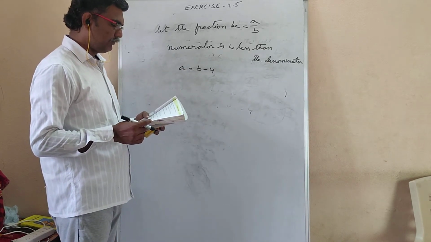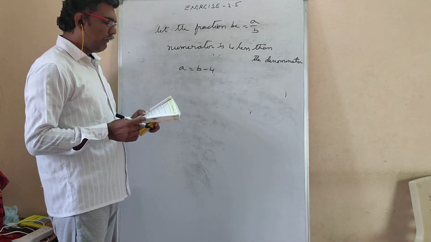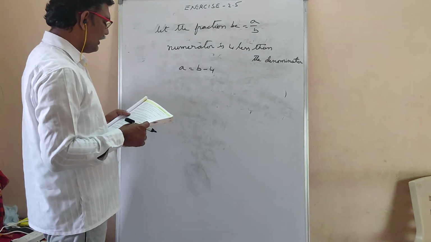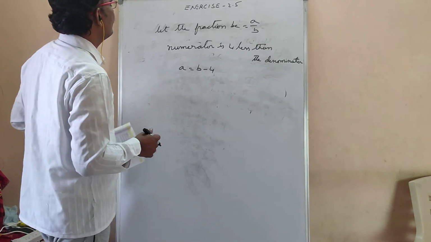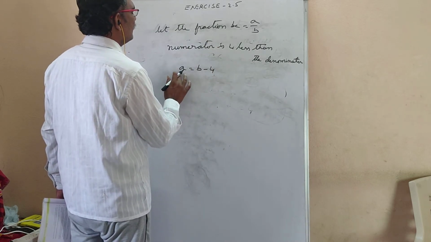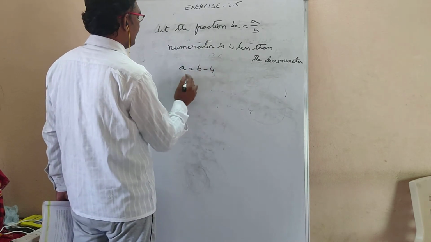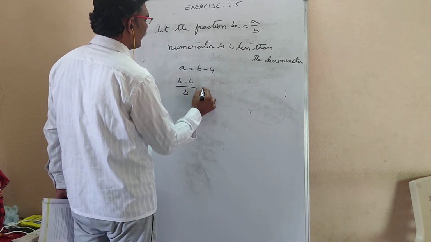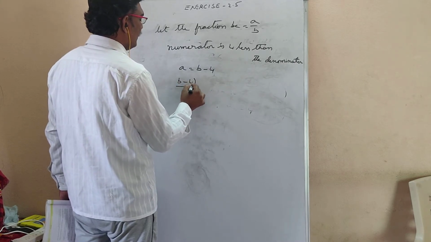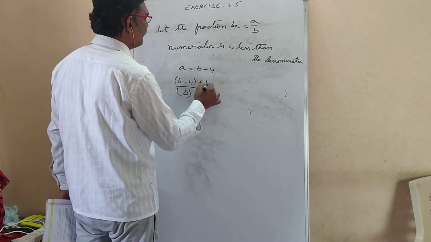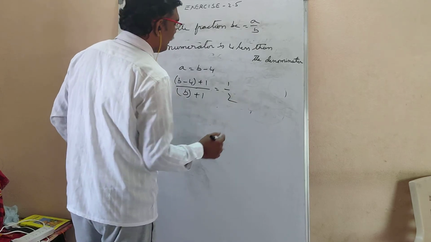Next, what you have to do? If 1 is added to both its numerator and denominator, it becomes 1 by 2. So here the fraction I am writing: in place of a, I am writing b minus 4, divided by b. For the numerator and denominator, if you add 1, the fraction becomes 1 by 2.